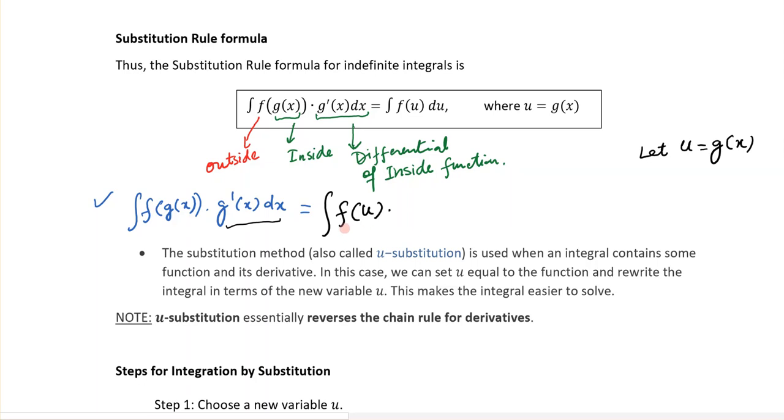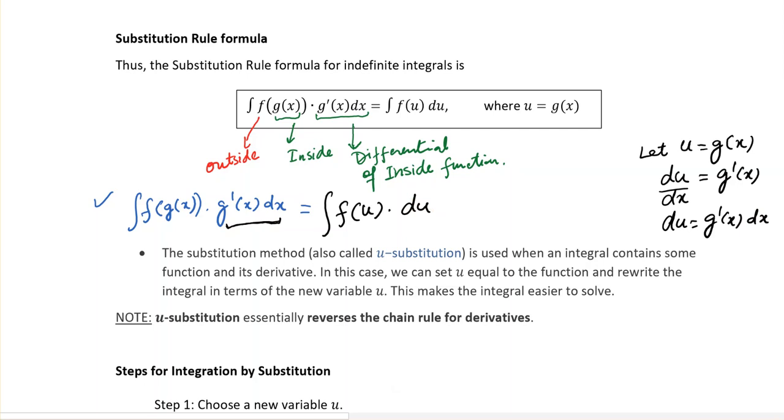We need to convert everything in terms of u here. So we're going to take the differential of u. We take the derivative, and we get du over dx is equal to g prime x, and du is equal to g prime x dx. So it means we can replace this whole expression by du.